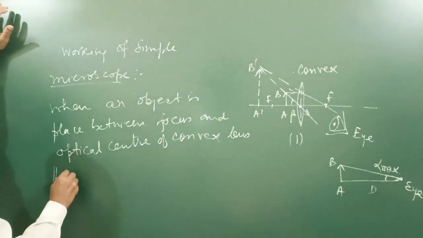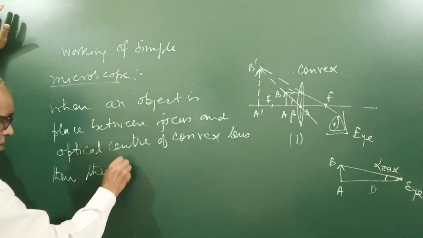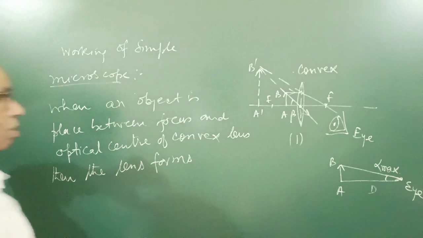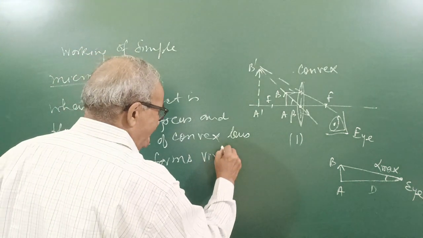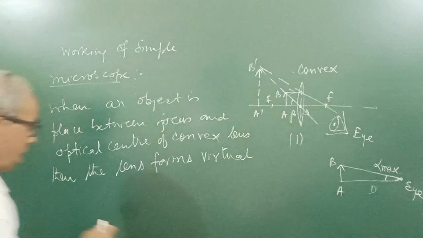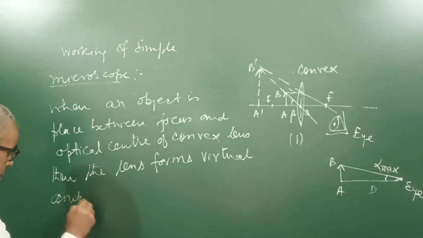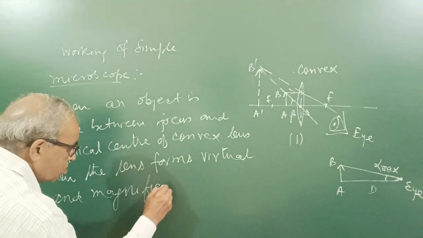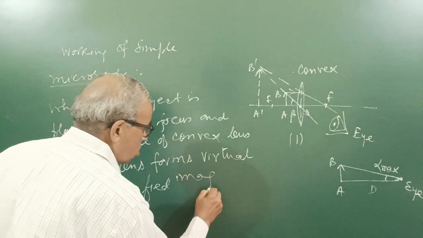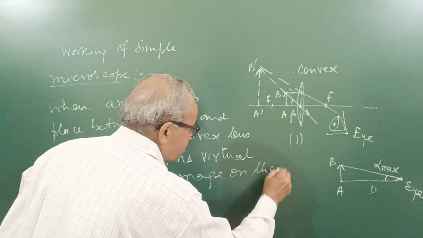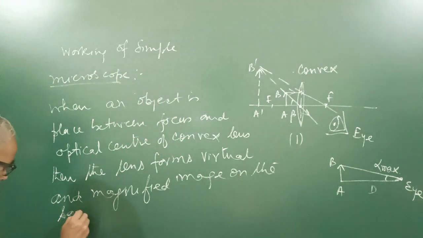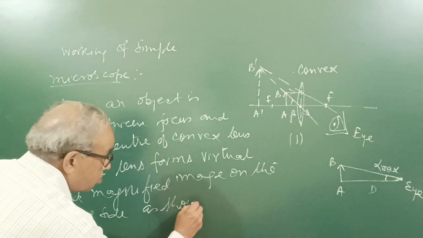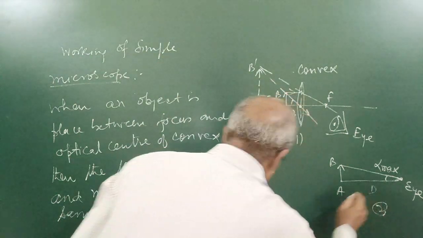then the lens forms a virtual and magnified image on the same side, as shown in figure 1 and figure 2.